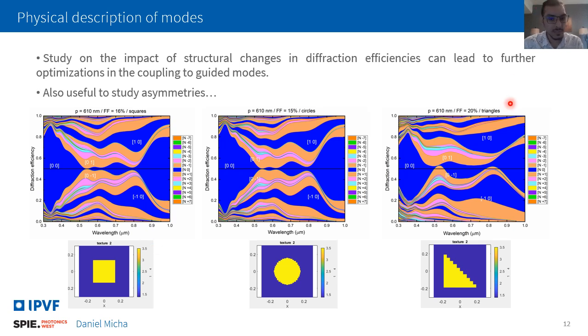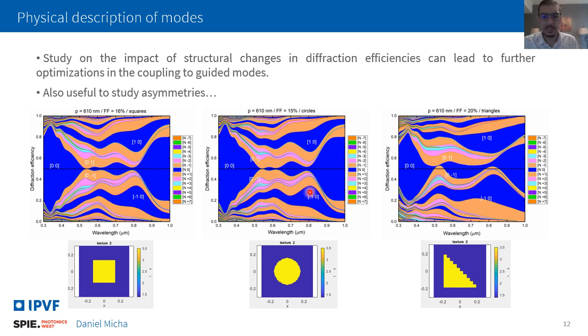What's interesting here is to see the different patternings of the gratings. Here I'm showing square gratings, with square patterning inside, for square gratings with circles and square gratings with triangles, a tentative of doing a triangle numerically. The diffraction efficiencies, measured here by different colors for different diffraction orders, change.